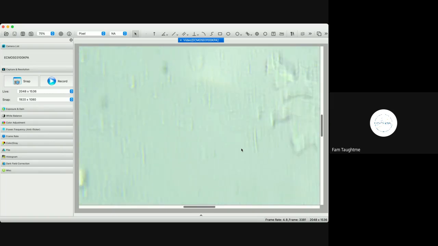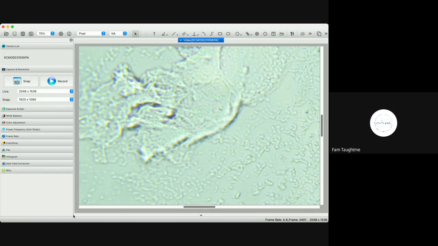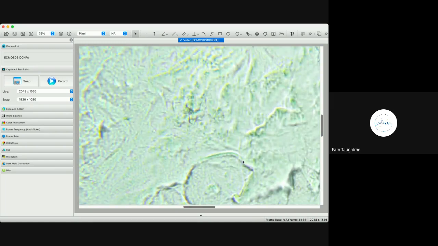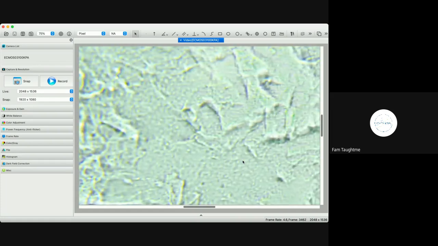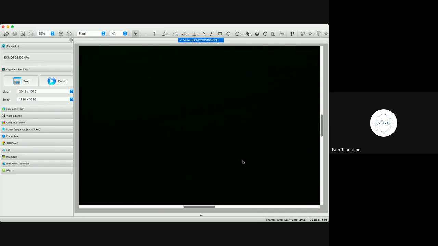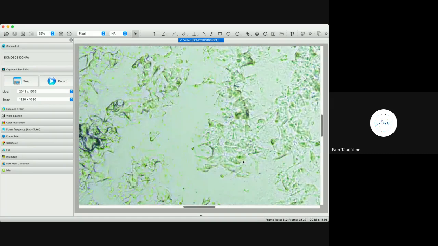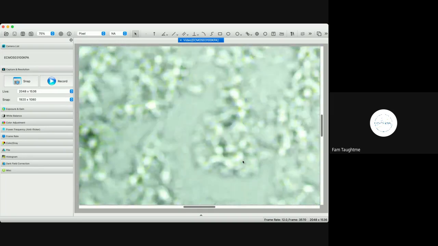Some other pieces here. Let me see if I can zoom out and find some other stuff. So here we are, zoom back out again.